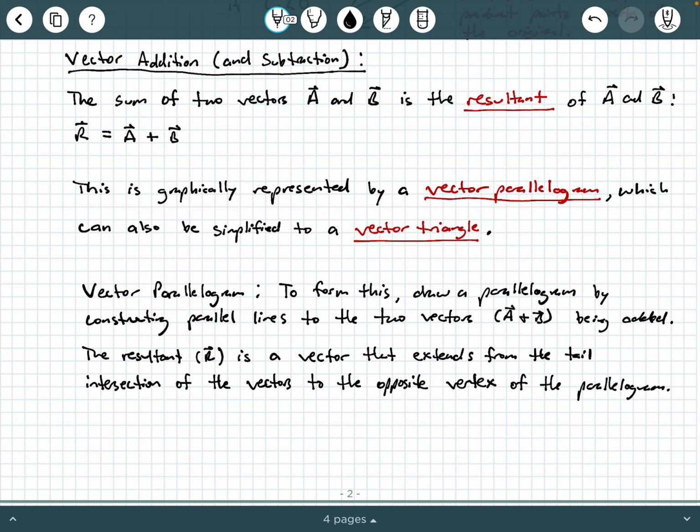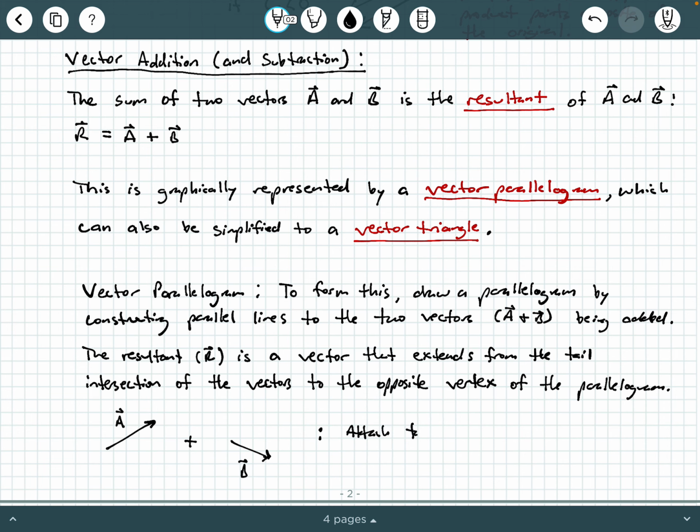So let's say that we have a vector A, and we want to add that to a vector B. What we do is attach their tails together.